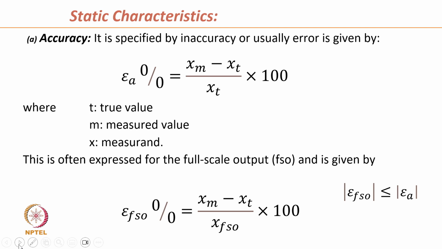These are some of the static characteristics, which do not change with time, and these depend mostly on the sensor, the quality of the sensor, and the material of the sensor. These characteristics are inherent to the sensor. The first one is accuracy.